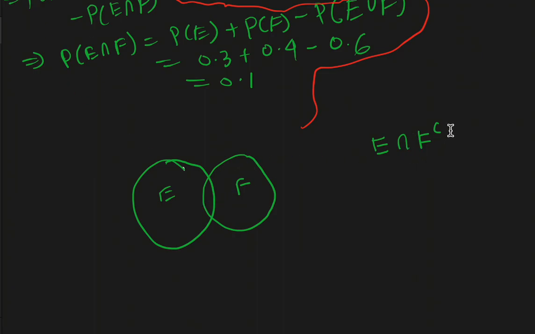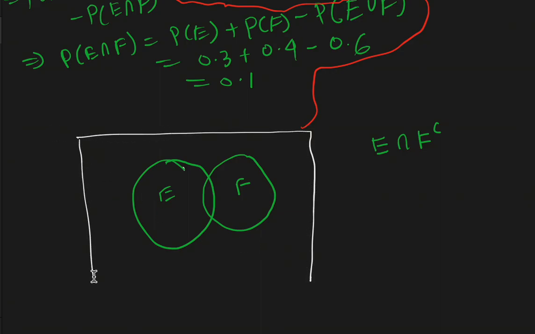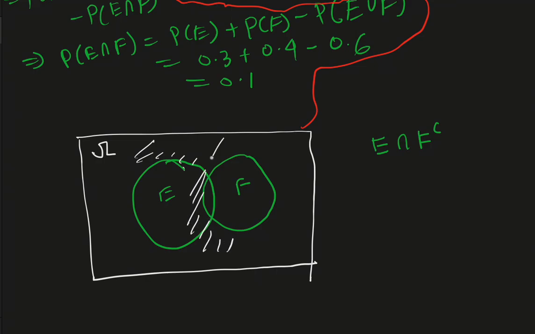What is the F complement? F complement is the outside. Suppose this is my whole space, whole space means omega. So F complement means the outside region of F in the sample space.